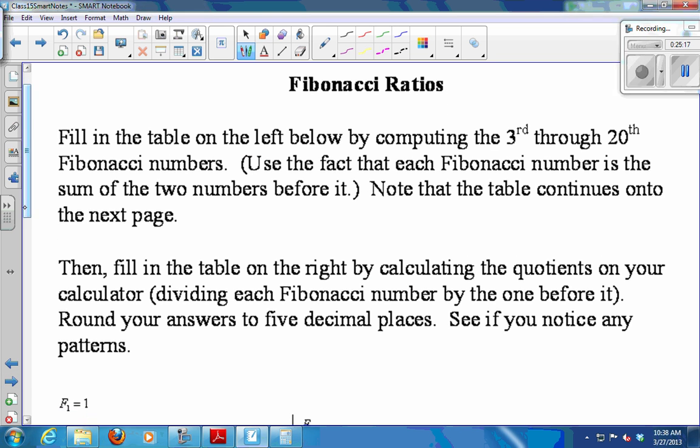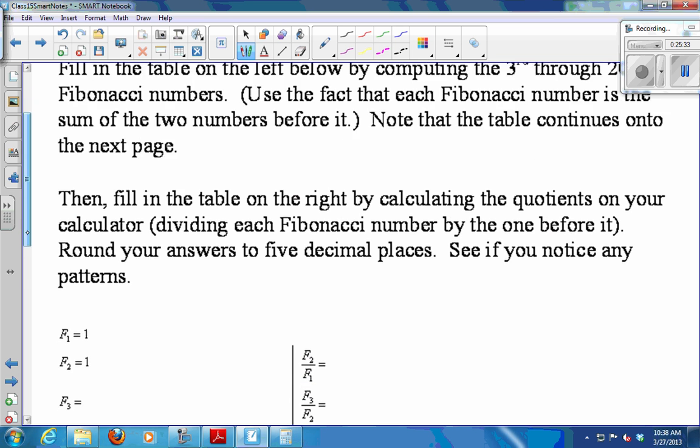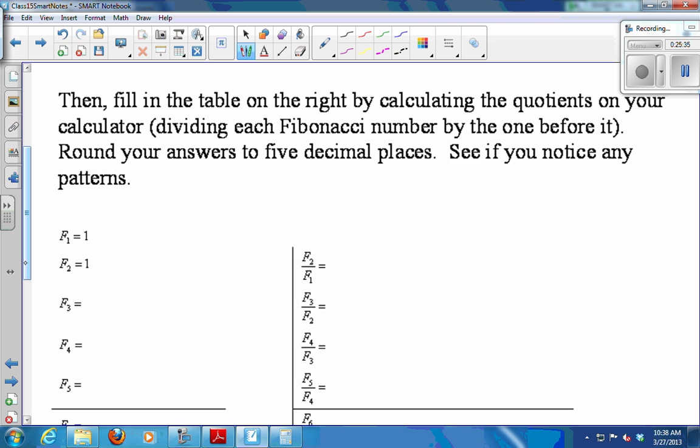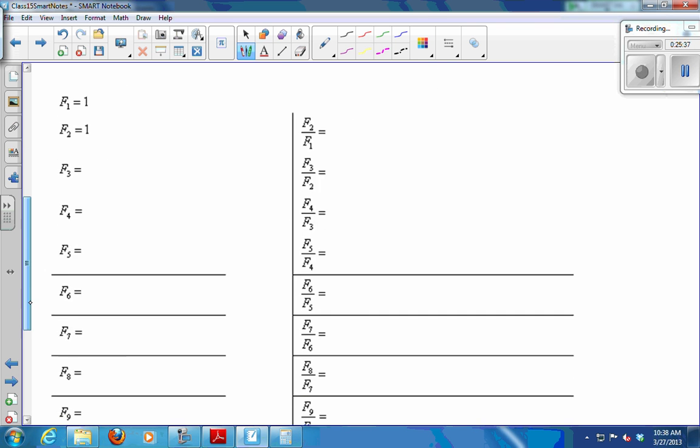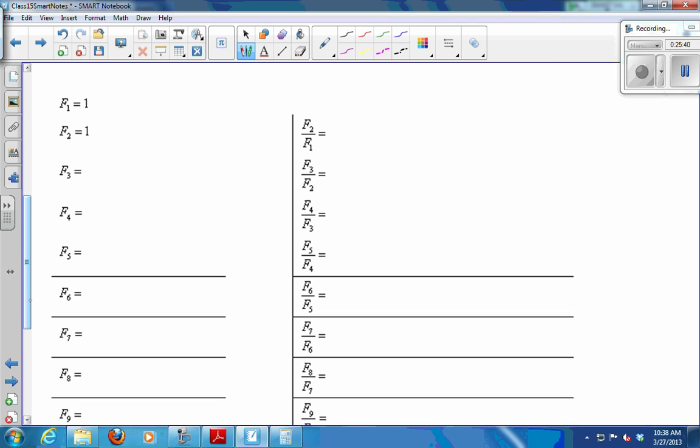But before we do that, we're going to study some ratios of Fibonacci numbers. So I want each of you to calculate the 1st through the 20th Fibonacci numbers. Just make a list of F1 through F20. And then we're going to fill in ratios of Fibonacci numbers. So you're going to make 2 columns.